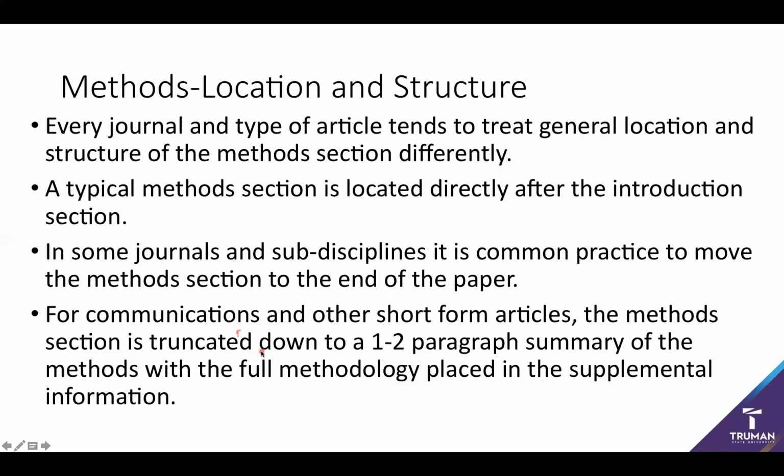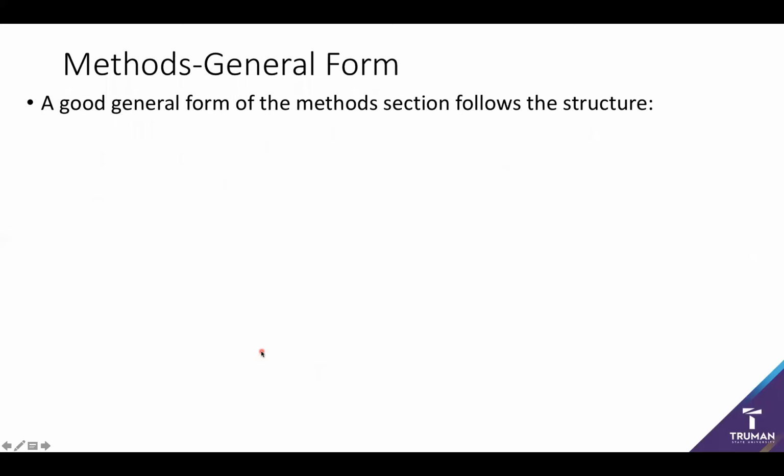So this is essentially some of the big picture of what a method section is and what kind of formats it follows. However, in order to get a good groove of how to write a method section, it's good to essentially follow a classic form. So most method sections are written in the following order.